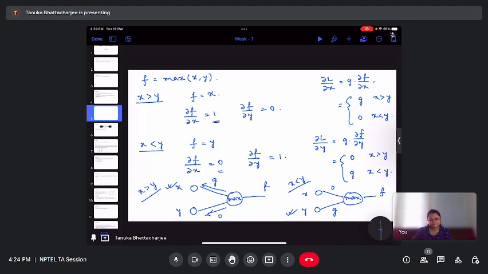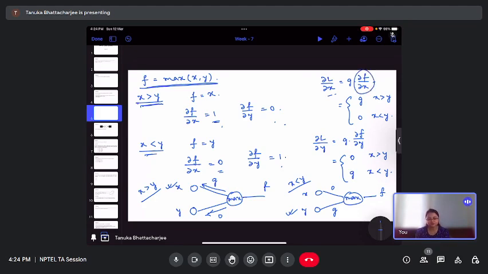When you are computing the derivative of this maximum function, the derivative value changes depending on this condition, right? If x is greater than y, this is the derivative; if x is less than y, this is the derivative. Now, when we are computing del x, you have to put the value of del f by del x here.